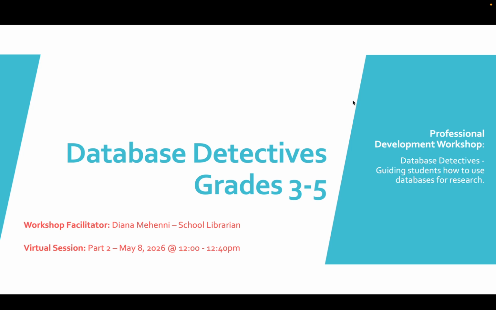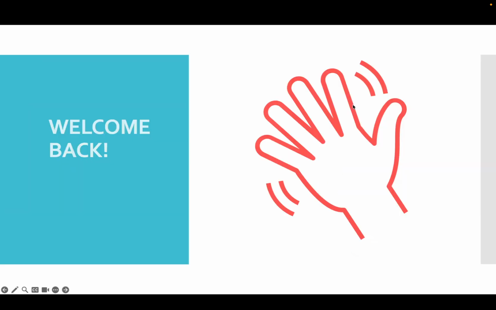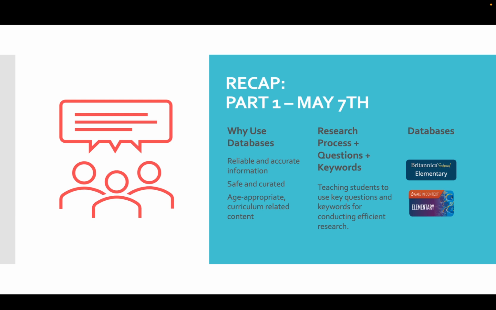Virtual session. Let's do a brief recap of part one from yesterday. So we talked about why we use databases for student research. We talked about them having reliable and accurate information, being safe and curated, and having age appropriate curriculum related content.